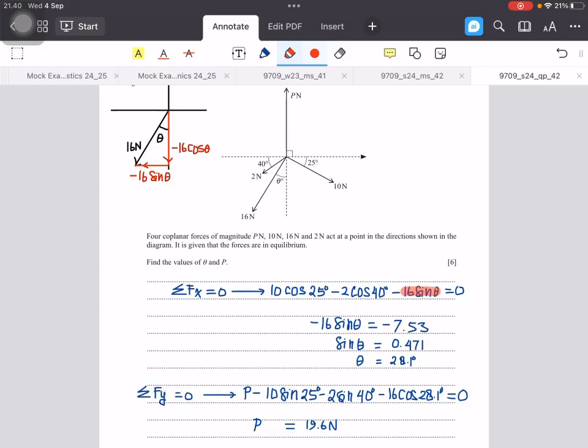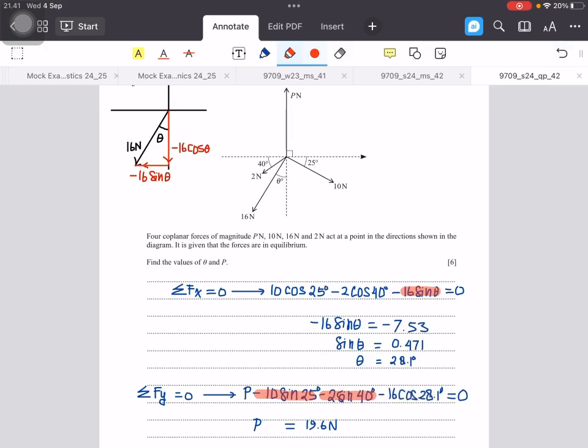In the y direction we have P upward, and then negative 10 sine 25 degrees, negative because downward. All these forces, the y component is downward. That's why we use negative here.